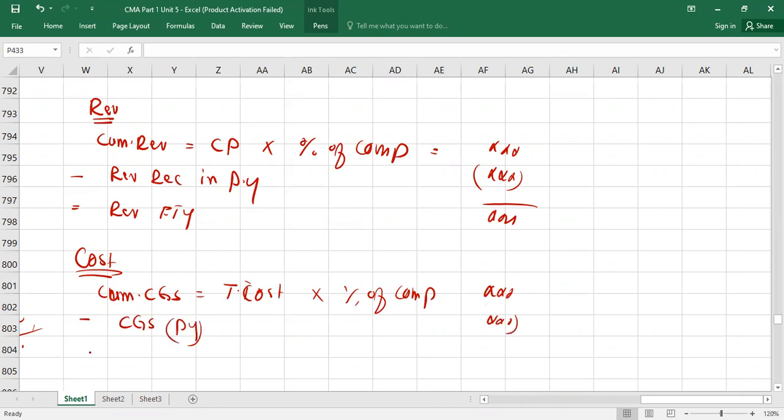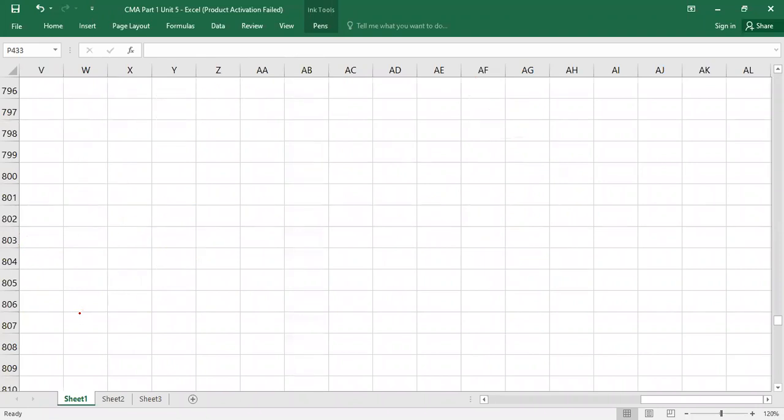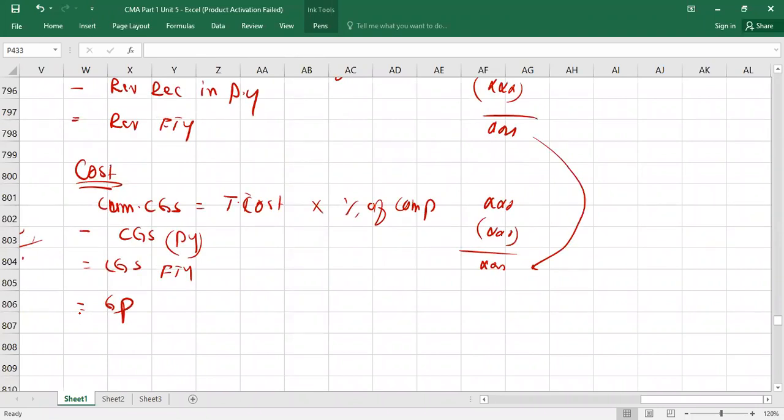So you will get what? Cost of goods sold for the year. Understood? Again, from revenue you will deduct this cost of goods sold and you will get what? You will get the gross profit. It means it's similar to the input method. Just what is the difference? The difference is here you will calculate percentage of completion based on output, not on input.